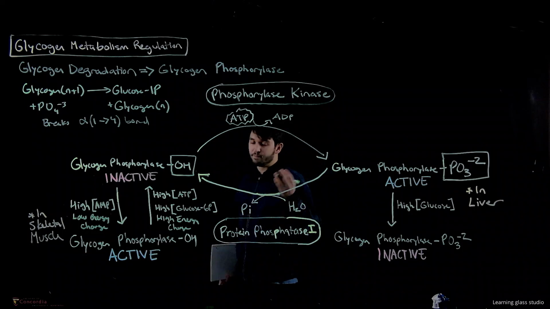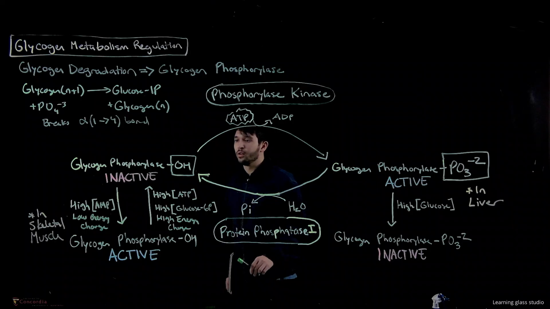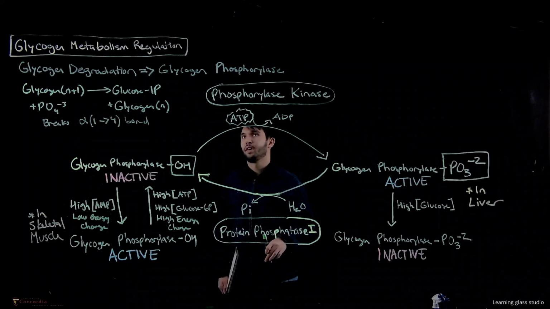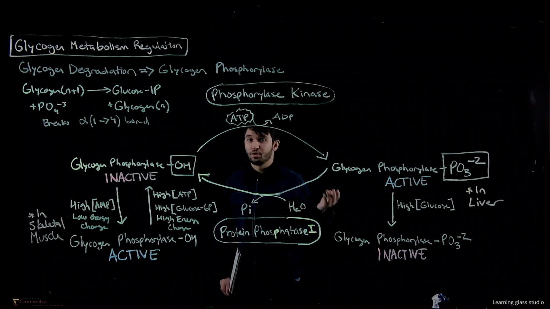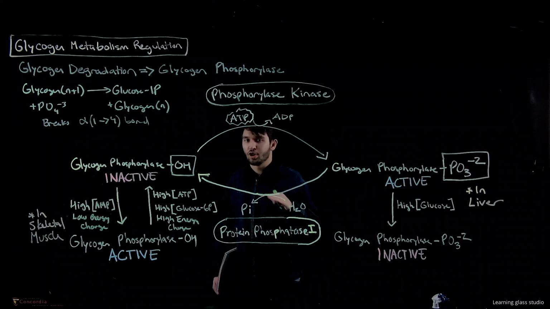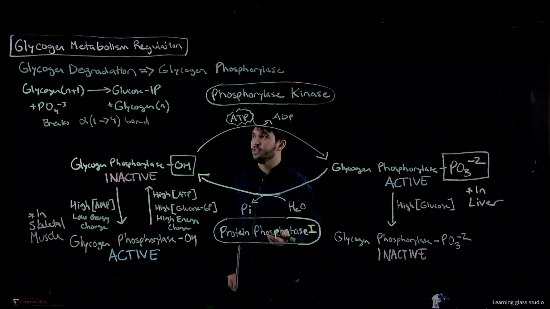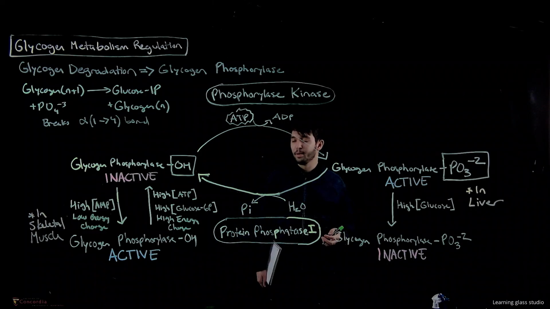So if it's not needing to make energy, instead it will inactivate glycogen phosphorylase, inactivate glycogen degradation. There's no need to make more glucose to have more glycolysis. You want to sort of shut down glycolysis because you don't need more energy. Instead, if you have a lot of glucose hanging around, maybe you want to store it instead and do glycogen synthesis, but we'll look at that in a bit.